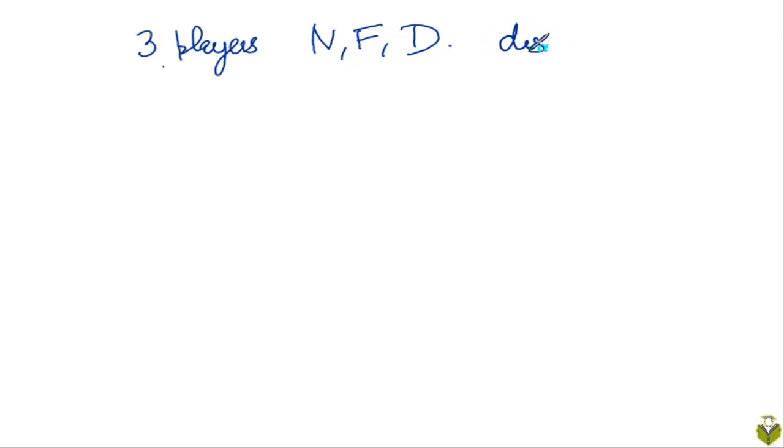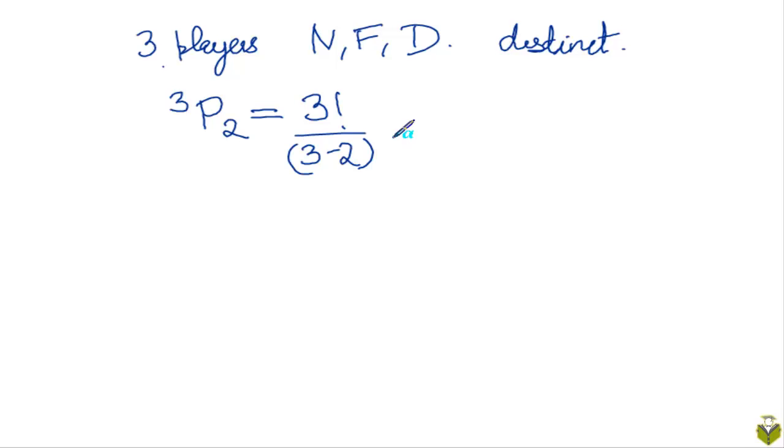They are distinct or different objects, and you have to take 2 at a time, right? So you just do 3P2, and that is equal to 3 factorial divided by (3 minus 2) factorial. That is 1 factorial, and this is 3 factorial, or 6.